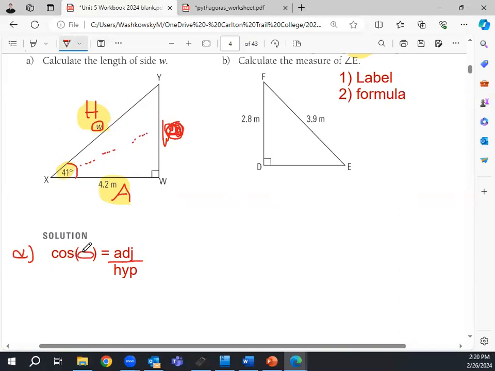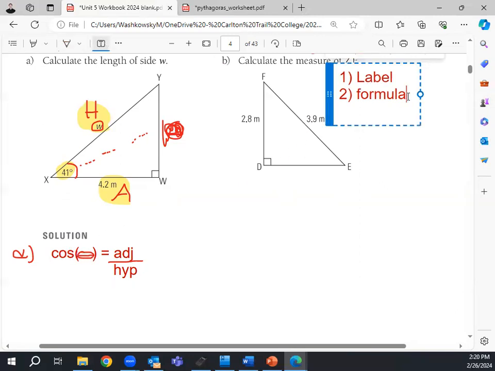So cosine of the angle. So I have this just like before.